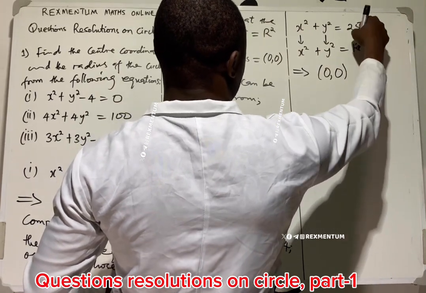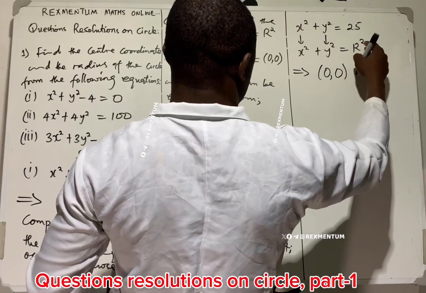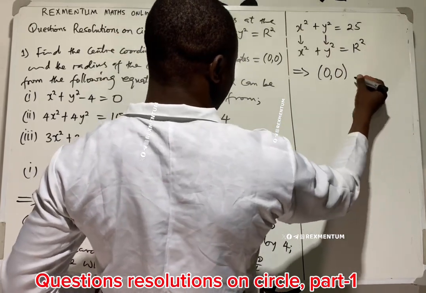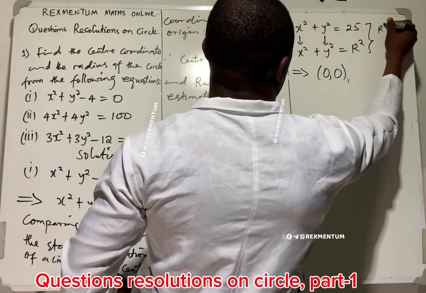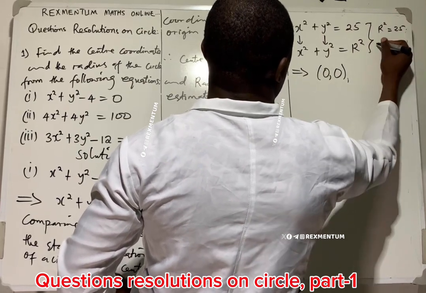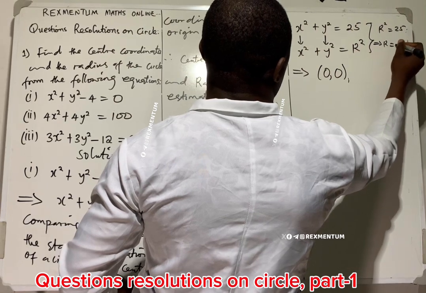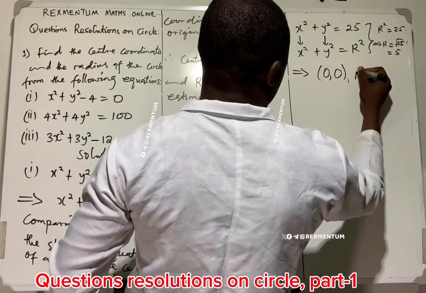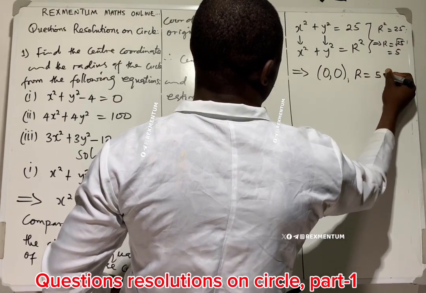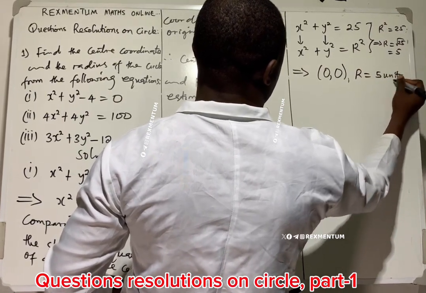And r squared is 25, which implies that r is equal to root 25. That would give you 5. So our radius is equal to 5 units.